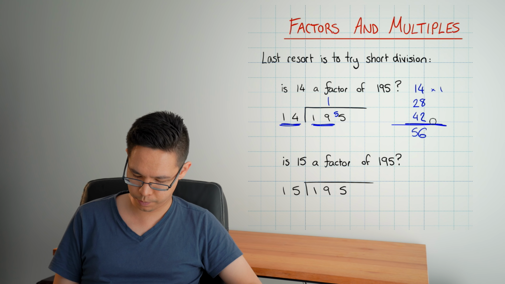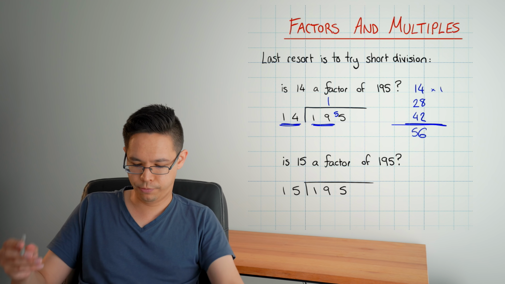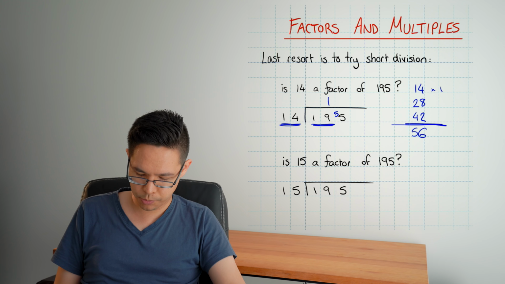So 14 times 3 would fit in there with some remainder. Because there's going to be some remainder, it's obviously not going to be a factor, so it's not a factor. Easily done, let's move on.